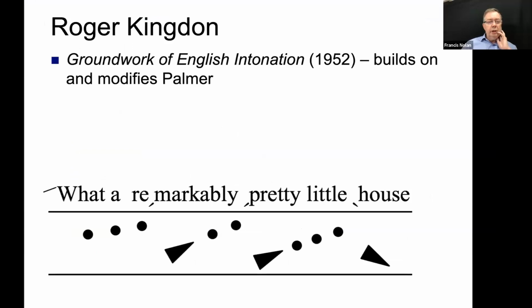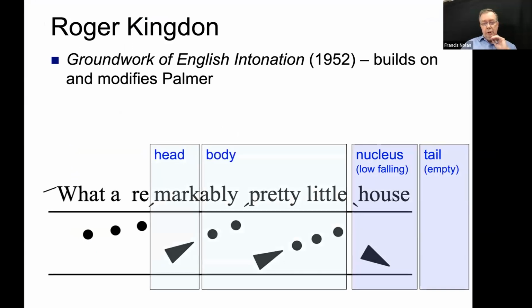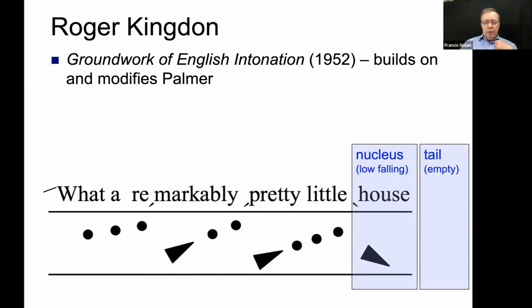Then Roger Kingdon, his book, The Groundwork of English Intonation, builds on Palmer. He has a similar sort of structure. So he has the nucleus. I'm using Palmer's example, but translated into the kind of interlinear graph that Kingdon uses. So nucleus at the end, tail, in this example there aren't any unaccented syllables after the nucleus, so the tail is empty, the nucleus is low falling.